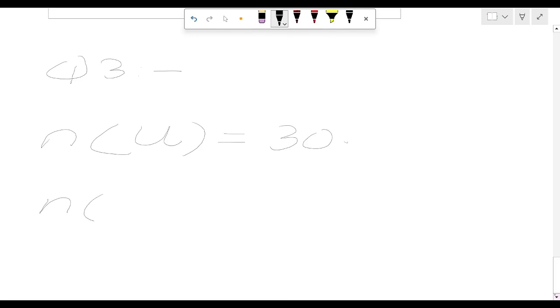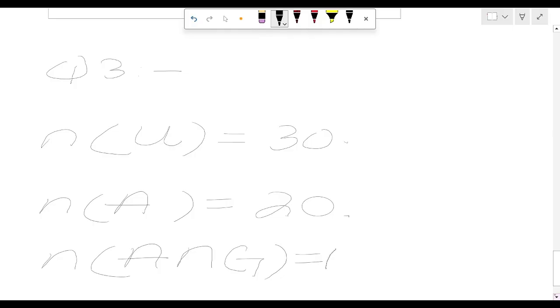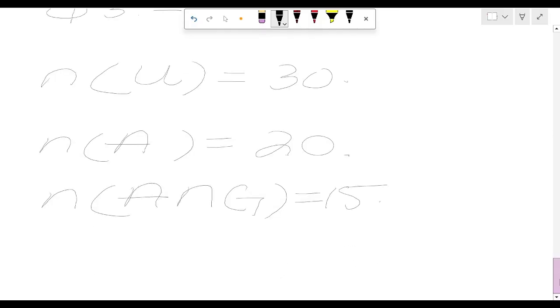Then we have the value of A, which is algebra. The number of students that like algebra is 20, and the number of people who like both algebra and geometry is 15.